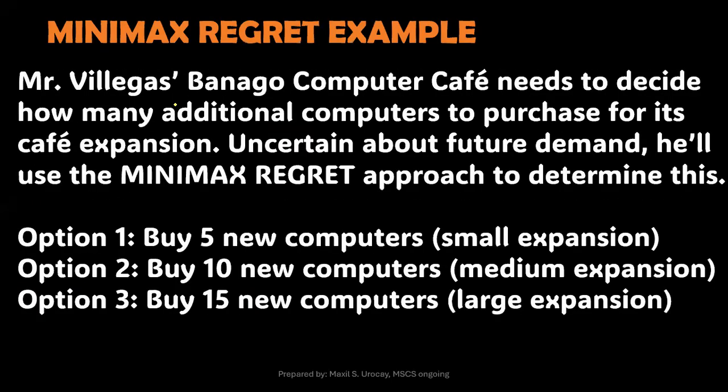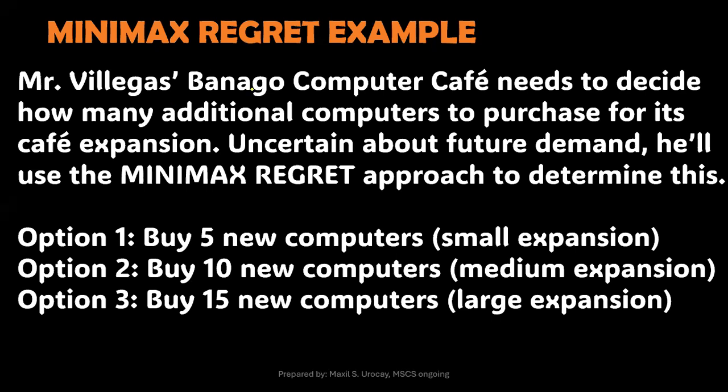So suppose we have an example for that. Mr. Villegas of Banago Computer Cafe needs to decide how many additional computers to purchase for his cafe expansion. Uncertain about future demand, he'll use the Minimax Regret approach to determine this.